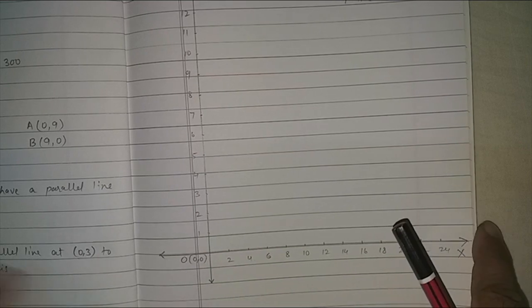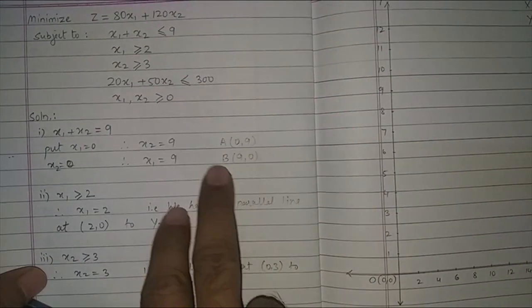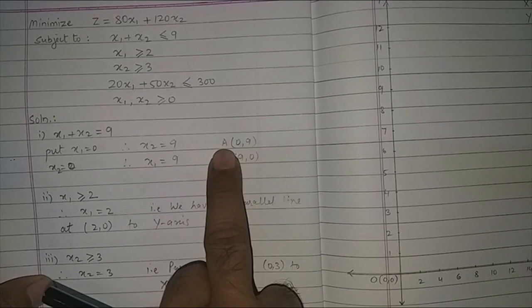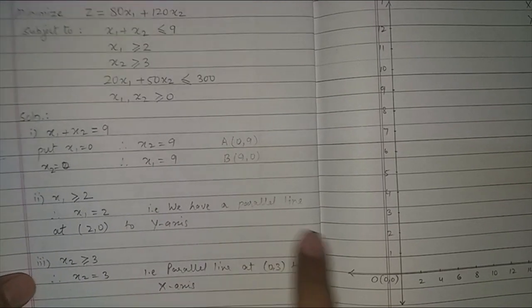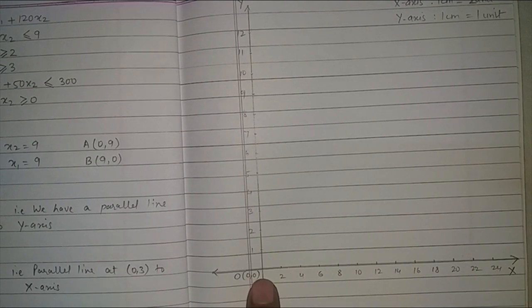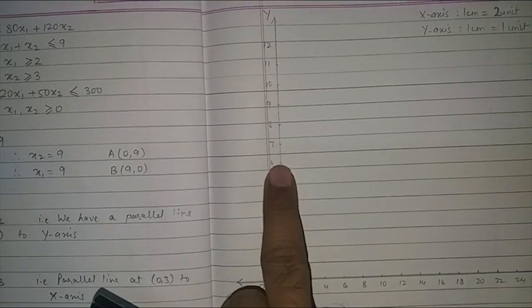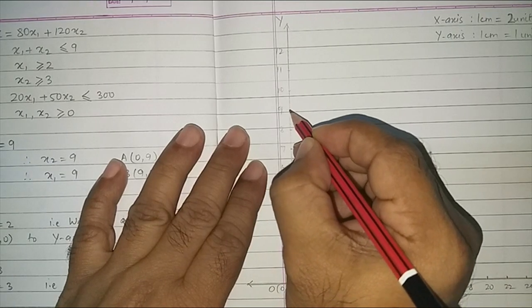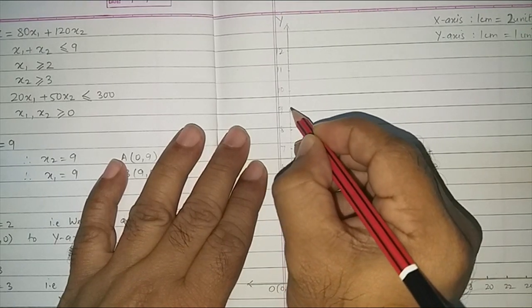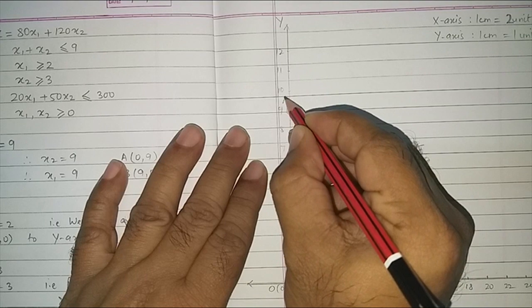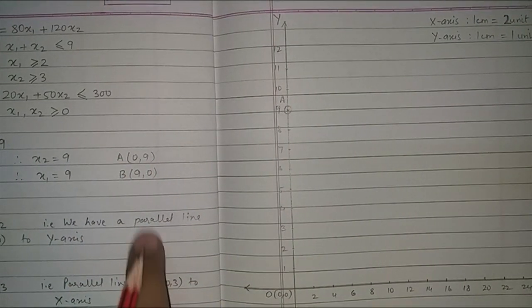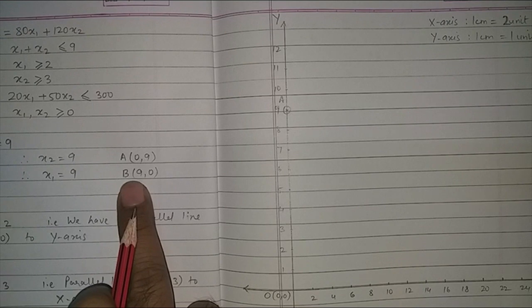Let us plot the first line. To plot the first point on the graph, we have 0, 9. So on the x-axis we have 0 and on the y-axis 9. So my first point will come at this point here. This is my point A, and similarly we'll put the point B, which is 9, 0.